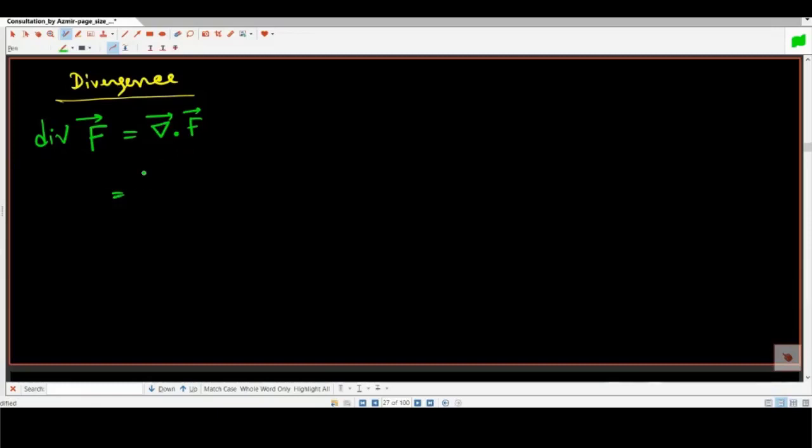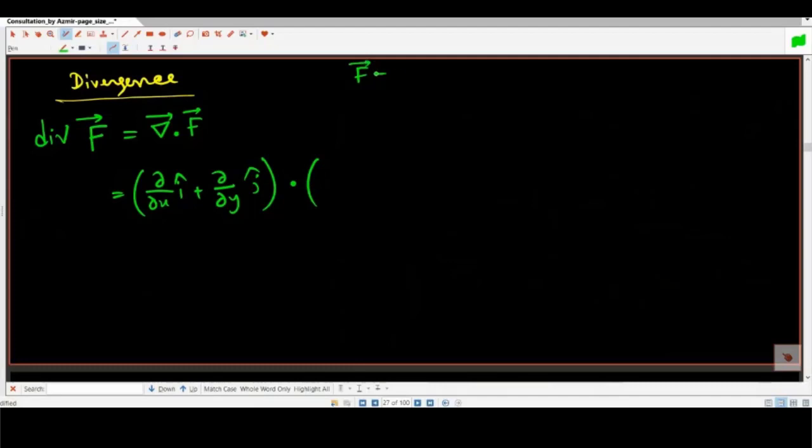We know that del is d/dx i plus d/dy j. If f is a vector field of two input variables, then we have this two-dimensional vector del dot f.